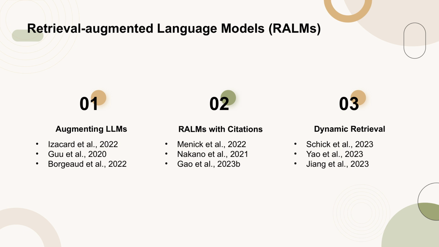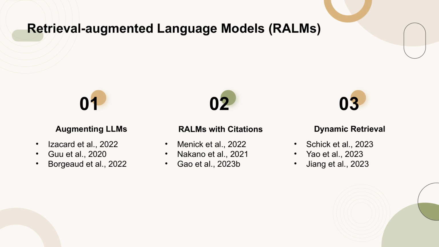Some works, such as those by Menick et al., 2022, and Nakano et al., 2021, focus on instructing or training LLMs to answer questions using retrieved documents while providing citations. Gao et al., 2023b, proposed an end-to-end system for retrieving supporting evidence and generating answers with citations, without updating model weights.